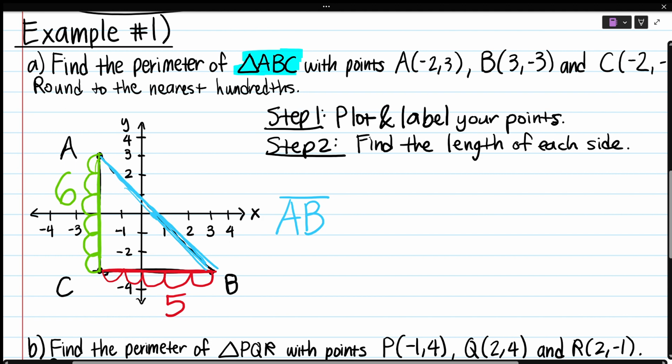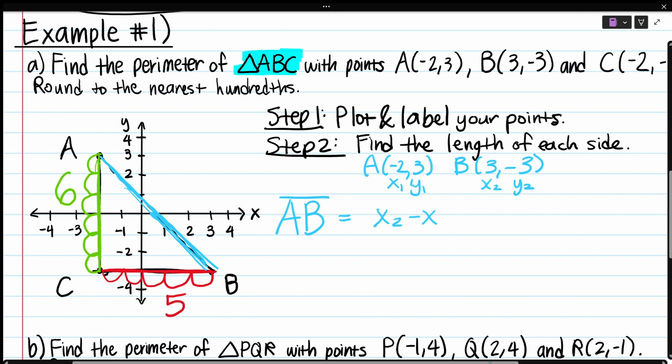We know A is at (-2, 3) and B is at (3, -3), so we're going to use the distance formula. Let's say A is your first point, x1, y1, and B is your second point, x2, y2, and let's plug it into our formula.